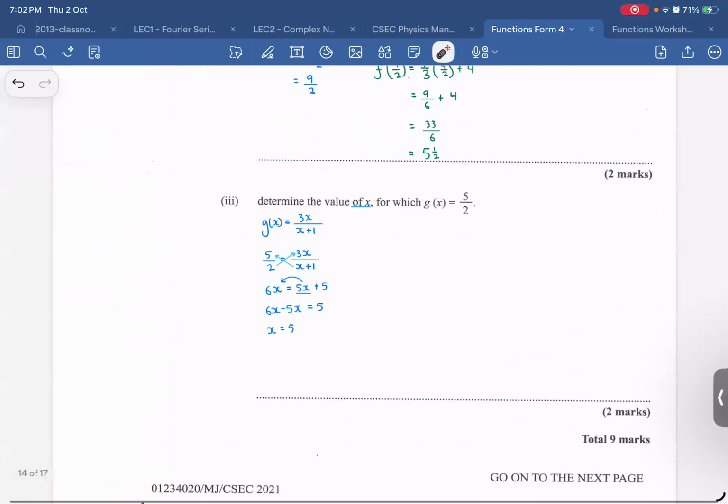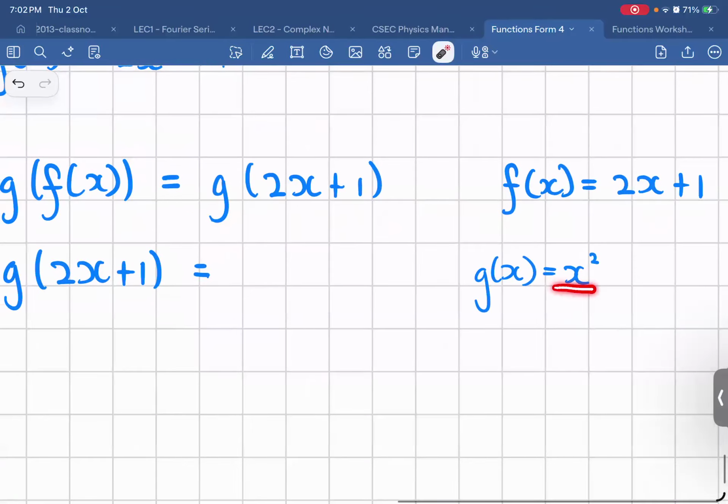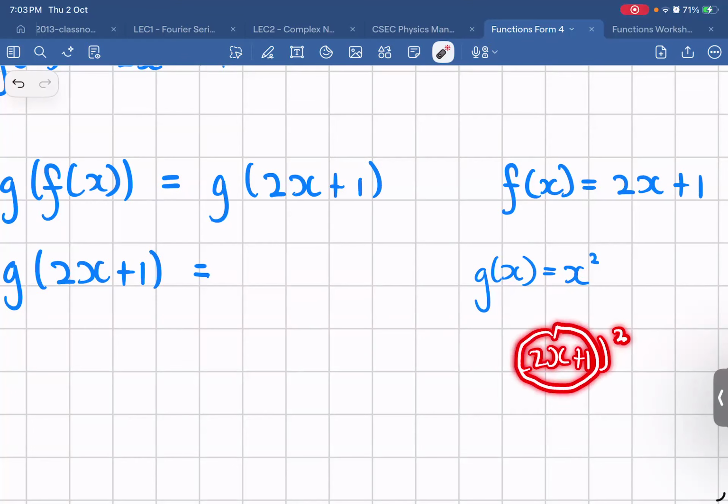In this case, instead of x being in the bracket, what do we have? 2x plus 1. So are we going to write x squared, or are we going to write 2x plus 1 all squared? Oh, okay, I understand. So you understand that this whole thing takes the place of x. Normally we would have x inside the bracket, but what we have instead of x is 2x plus 1.